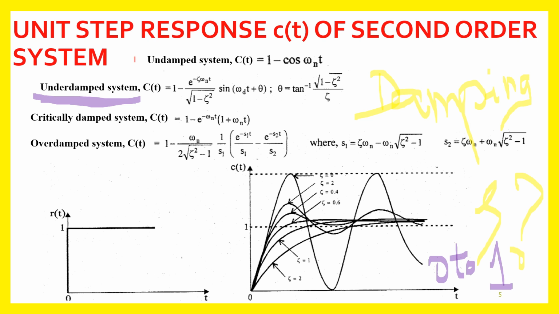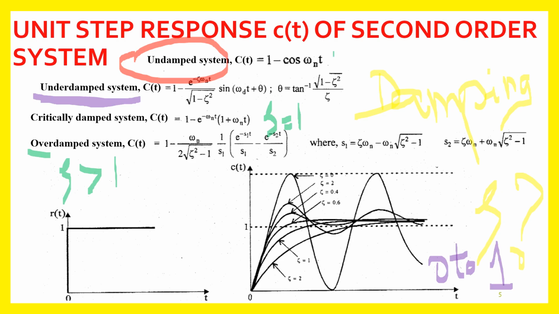When the value of zeta is 0, we call the system an undamped system. When the value of zeta is equal to 1, we call the system a critically damped system. When the value of zeta is greater than 1, we call the system an overdamped system.